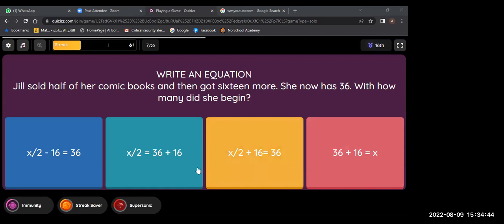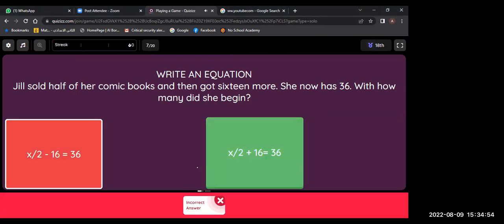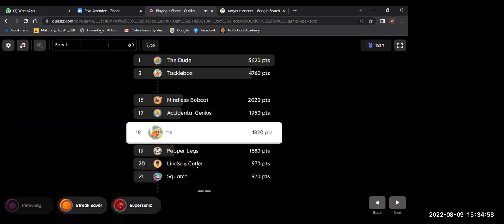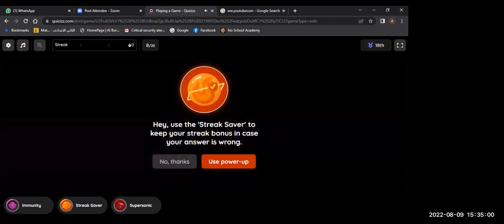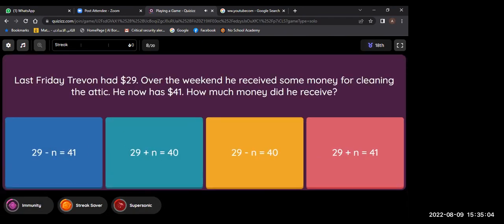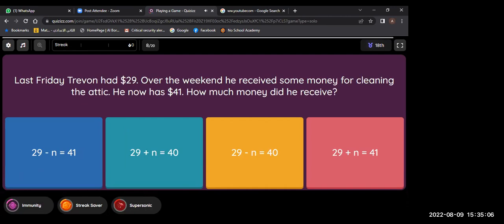And then got 16 more. First answer, and 36. More means x over 2 plus she increased it by 16. Okay? Great. Not minus, plus. Okay, Yassin?